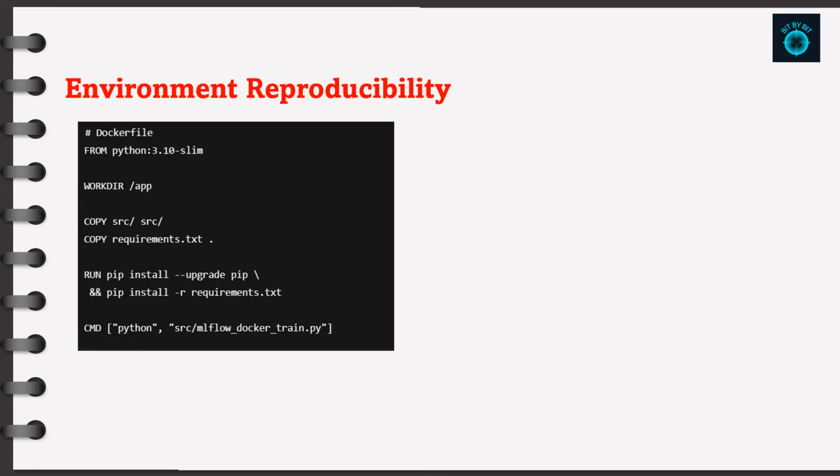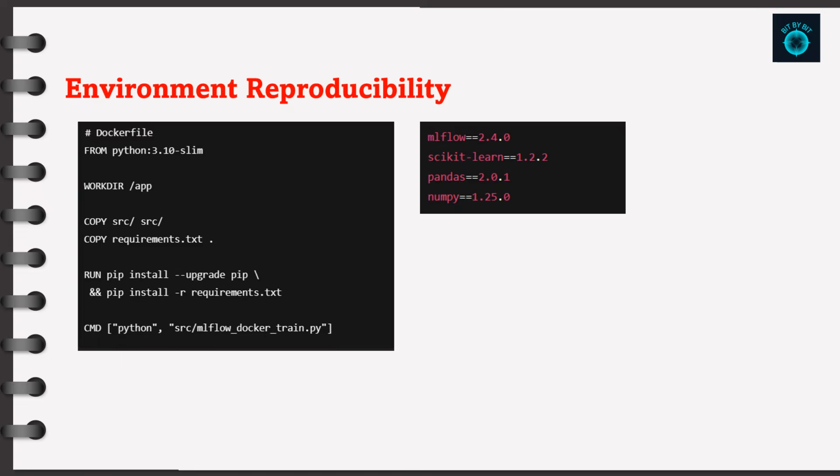Finally, the CMD instruction tells Docker which command to execute when the container starts. In this case, running our training script inside the source folder. Now let's look at the requirements.txt file. It pins every dependency version explicitly.